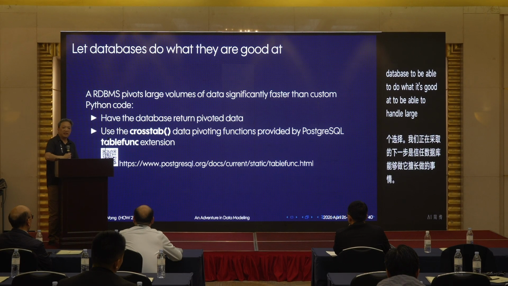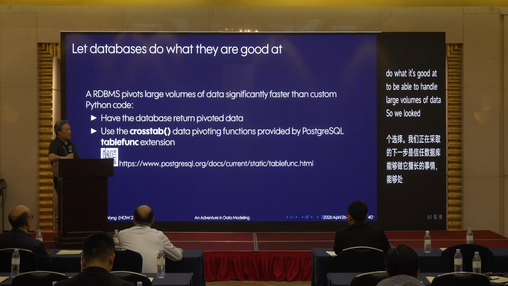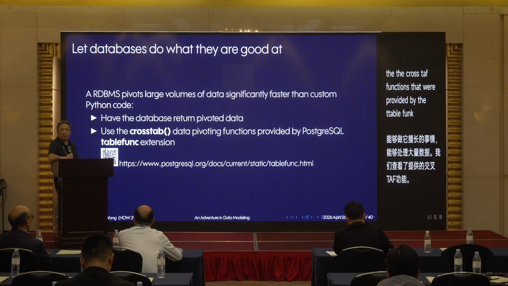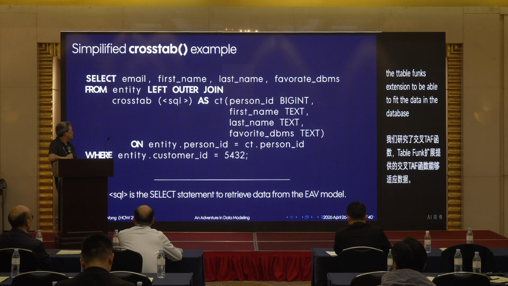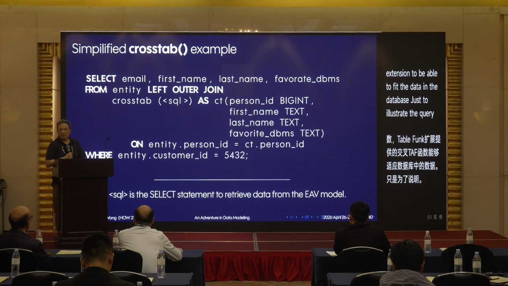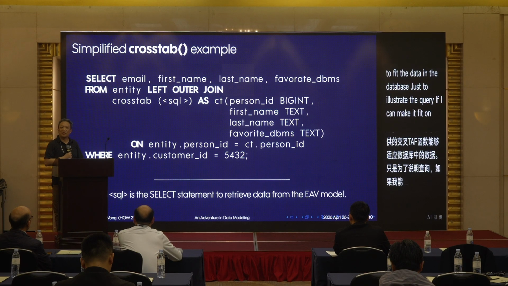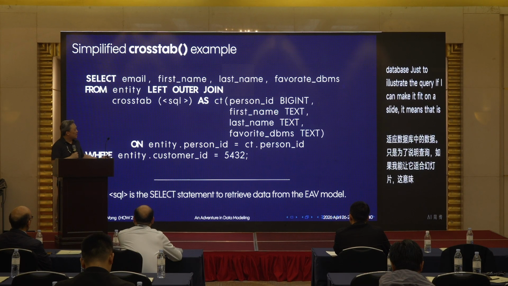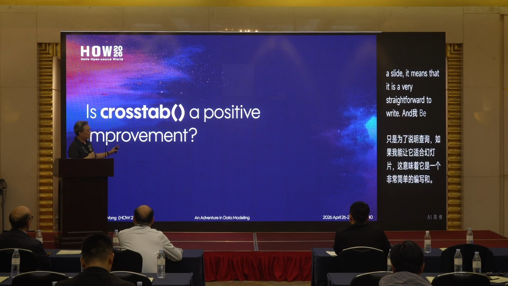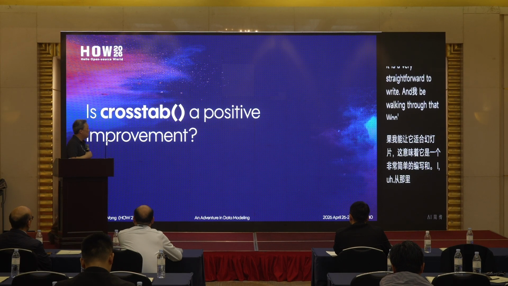So we looked at the crosstab functions that were provided by the tablefunc extension to be able to pivot the data in the database. Just to illustrate the query, if I can make it fit on a slide, it's very straightforward to write, and we won't be walking through the details of the query.